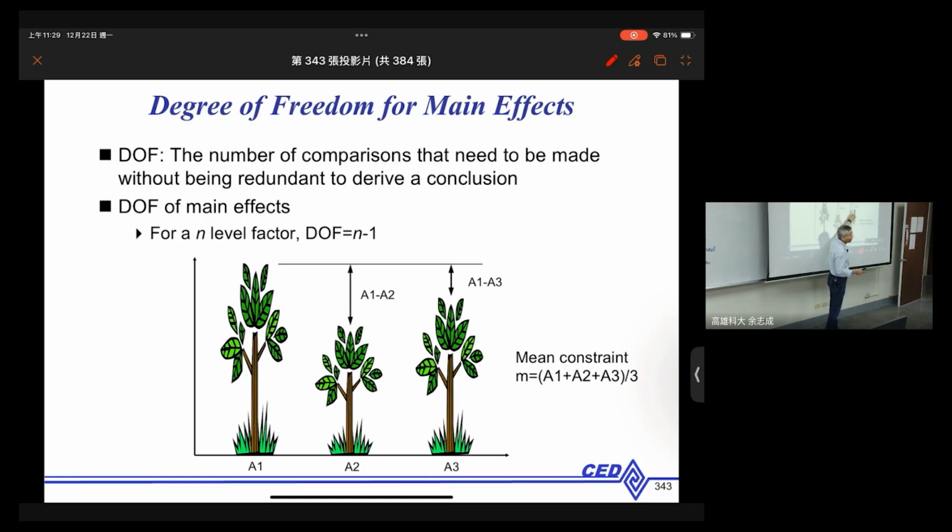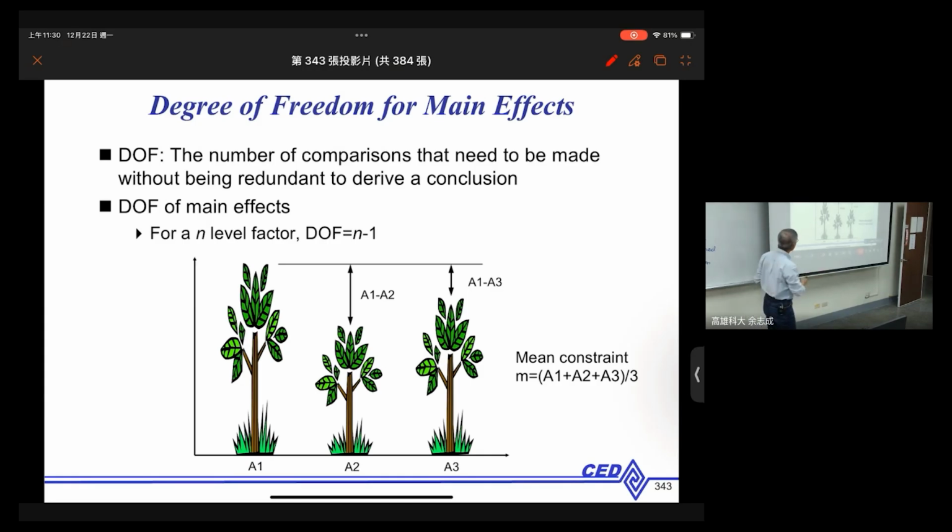If we have these 2 values, we can determine which one is the biggest number, which one will give the highest output, A1, A2, or A3. We don't need to compare these 2, right? We only need to do this comparison and that comparison. From these 2 numbers, we already know which one will be taller. If this is smaller, this is taller. Therefore, for 3-level control factors, we only need to do 2 comparisons.